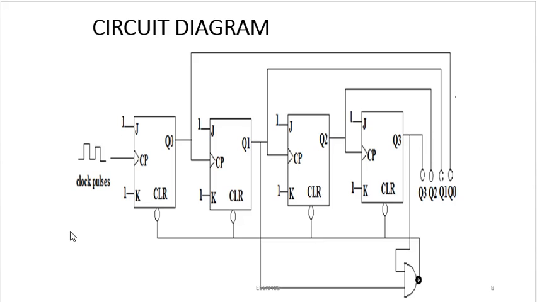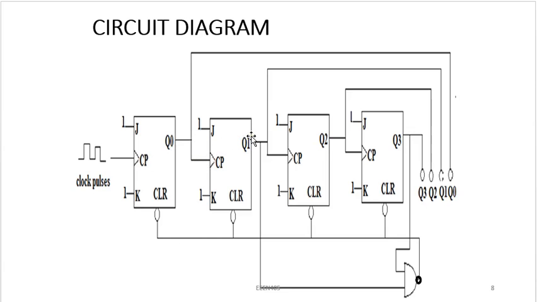For you to do this, we normally use JK flip-flops, but as a rule, the J and the K are always connected to logic 1 permanently. So you draw your 4 flip-flops, and all their J and K inputs, you connect to logic 1. The next thing is, the external clock that drives the system should be the input to the clock pulse of Q0, while the output of Q0 should be the clock to Q1.